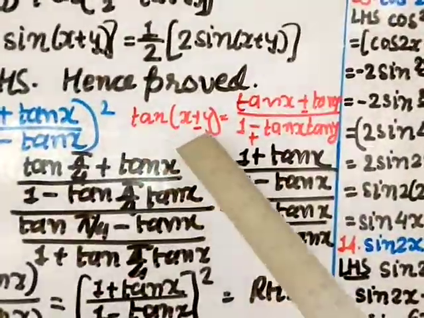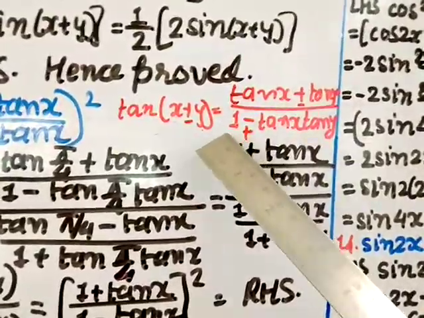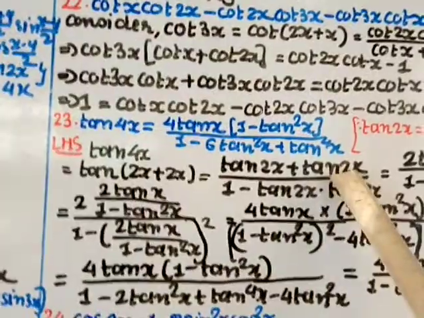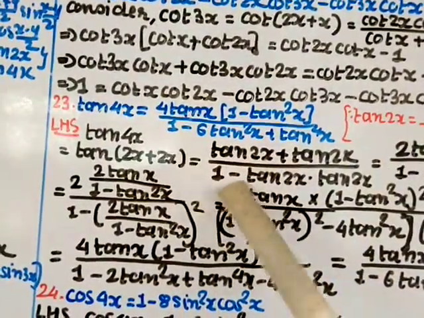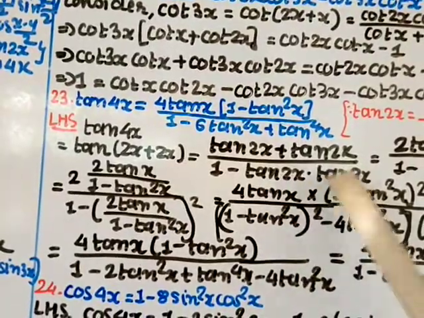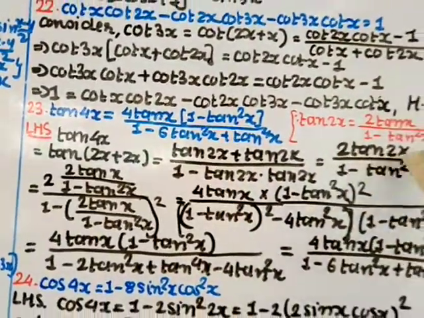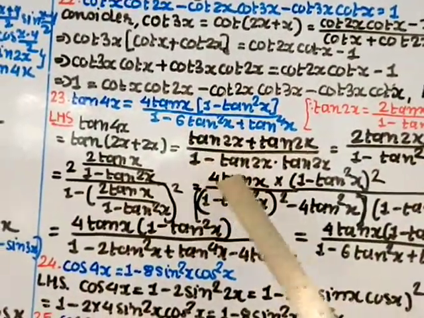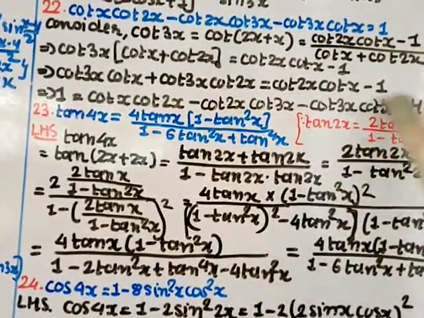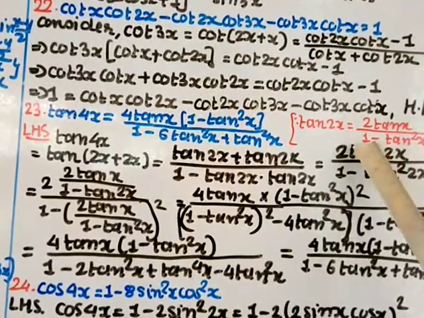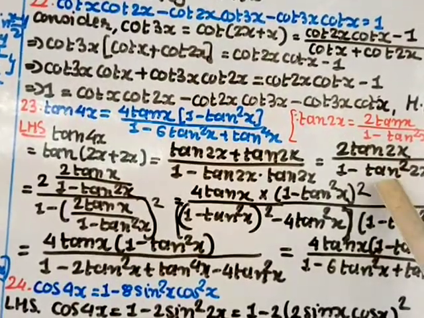Tan of x plus y is equal to tan x plus tan y divided by 1 minus tan x tan y. So here both are 2x, so tan 2x plus tan 2x divided by 1 minus tan 2x into tan 2x. This is the same, so you can write 2 times tan 2x divided by 1 minus tan square 2x. Now tan 2x is 2 tan x divided by 1 minus tan square x, so I will put it here and here.